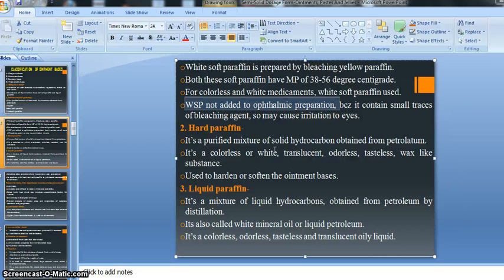So if we are going to prepare an ophthalmic ointment, we should avoid adding white soft paraffin.